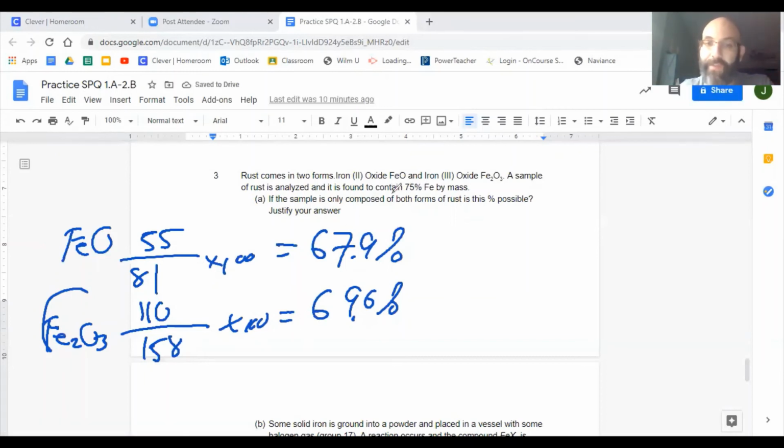So the fact that we found it to be 75%, is this possible? No. There's no way it's made up of just Fe2O3 and FeO if the percent mass is 75% iron. There must be some impurity in there that has a much higher iron count by mass. We don't need to find it, it doesn't ask us for it, but that's how we can justify our answer.